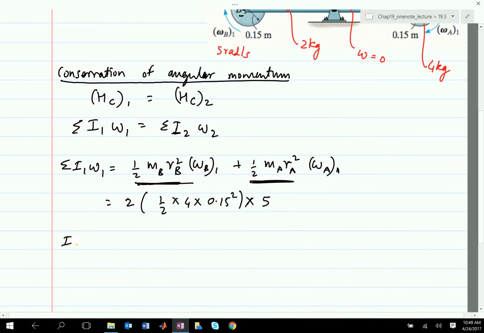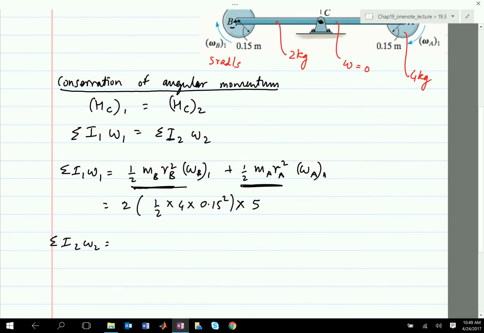And then I2 omega 2. So now the whole system is moving as a single unit. Now you've got to apply the parallel axis theorem in order to find the inertia of the disk, because the whole thing is moving about an axis passing through C. So 2 times half.